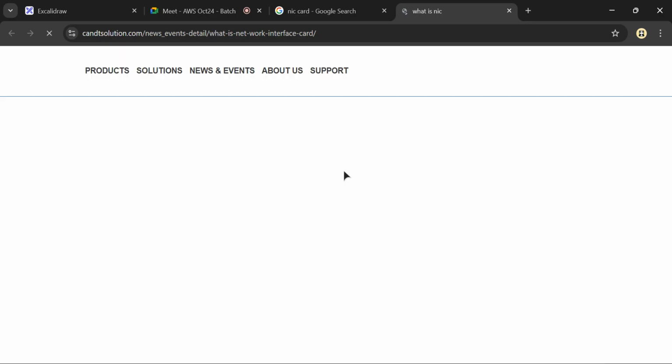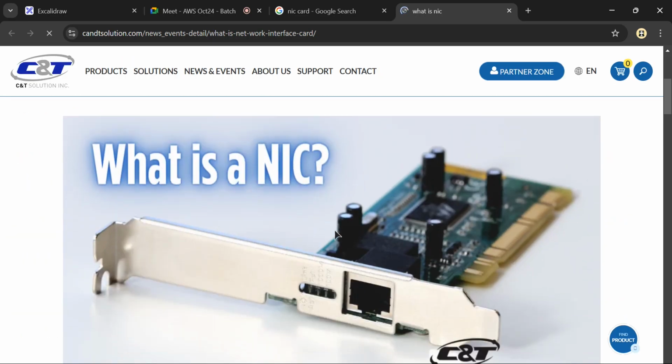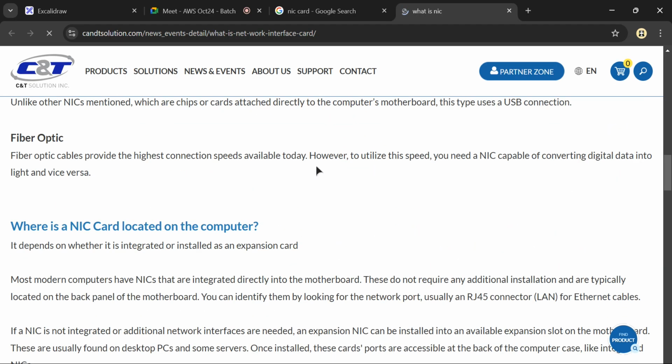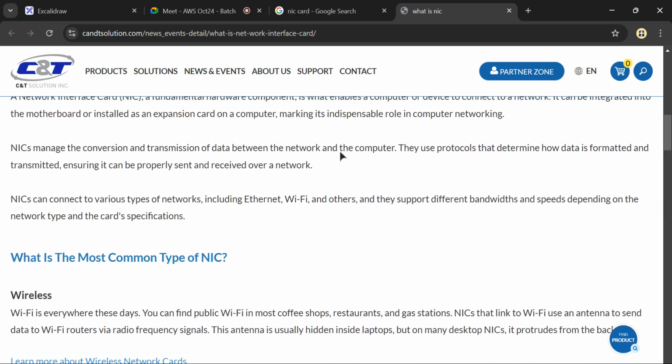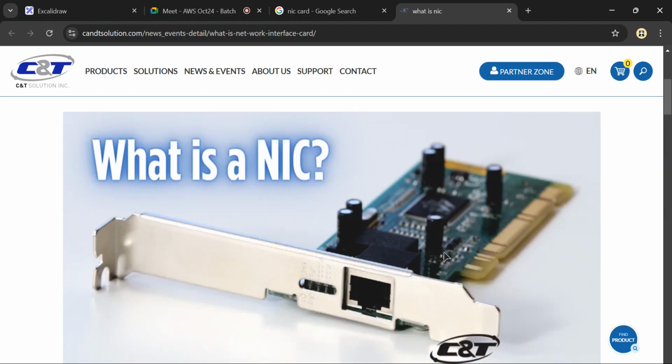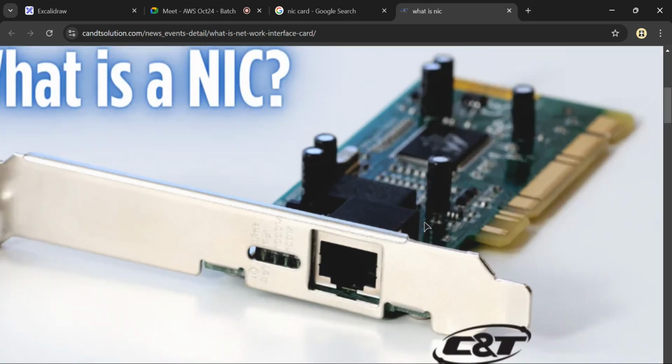Let me open it. Okay. So you can see here, this is the portion that will be visible outside. This is where you will be inserting your cable. Behind this will be a NIC card.